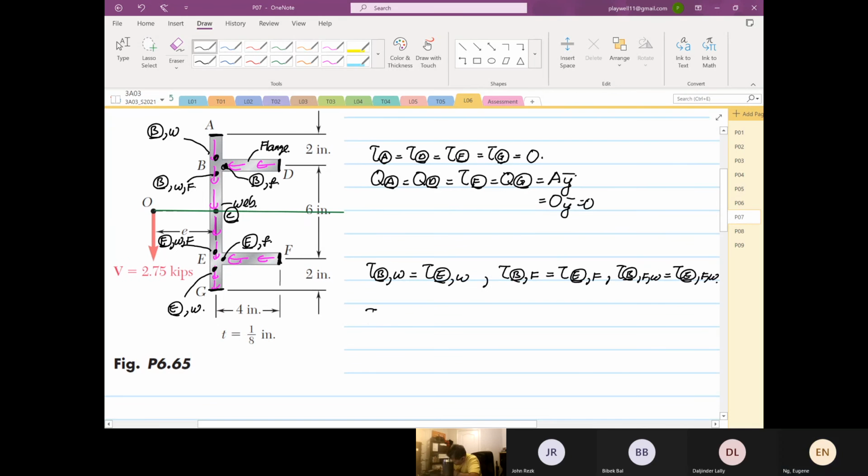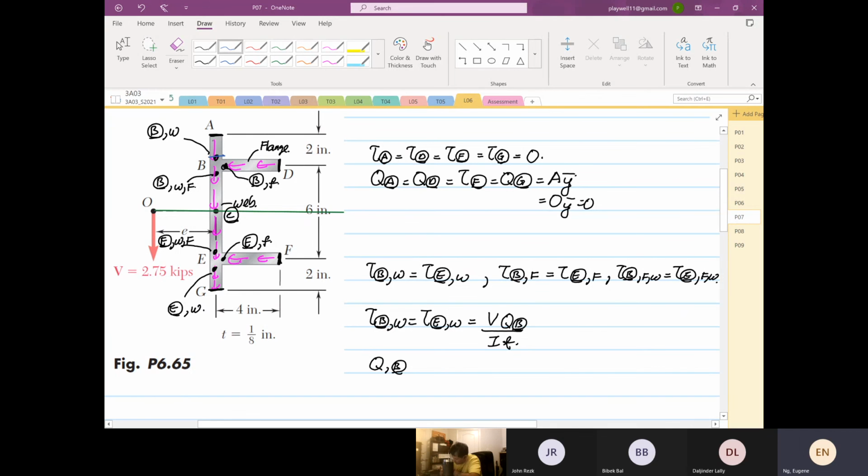The shear stress at point B at the web is equal to shear at point E of the web. So it is equal to V Q at point B divided by IT. So we're going to find the Q at point B at the web.